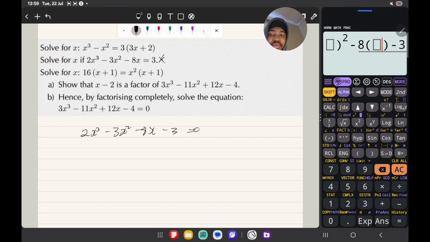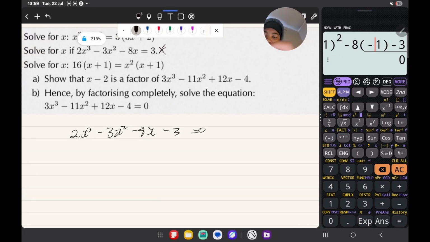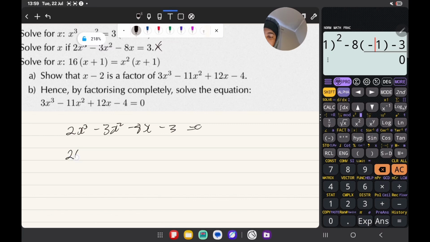Let's start with 1. Can we? 1 doesn't work. In fact, while I'm at 1, I can just say minus 1. Oh, minus 1 works.